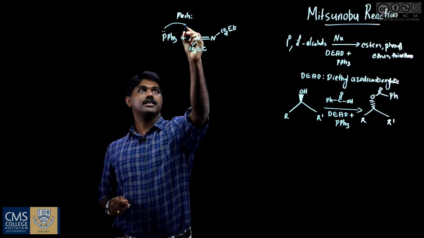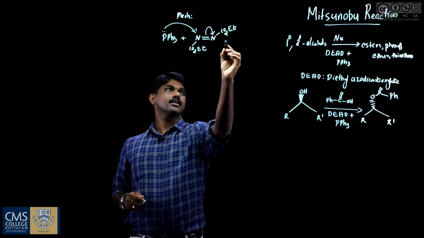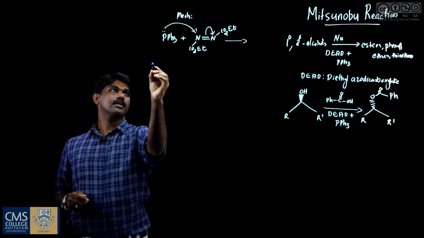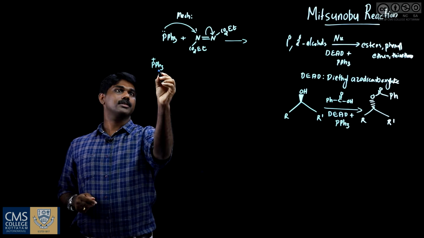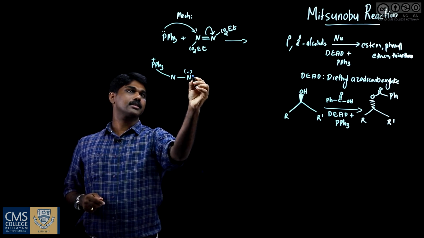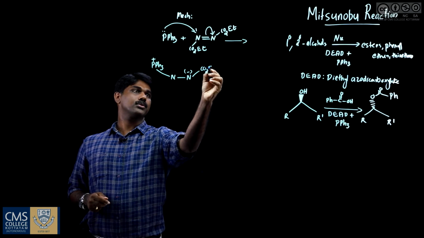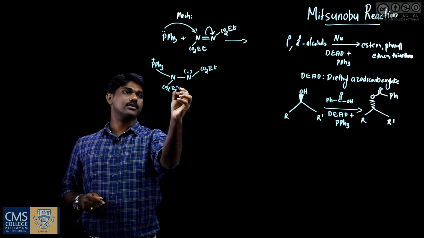So this PPh3 attacks here and this bond shifts to nitrogen. Then we have PPh3 positive charge, then nitrogen single bond N minus CO2Et, then we have a CO2Et here also.